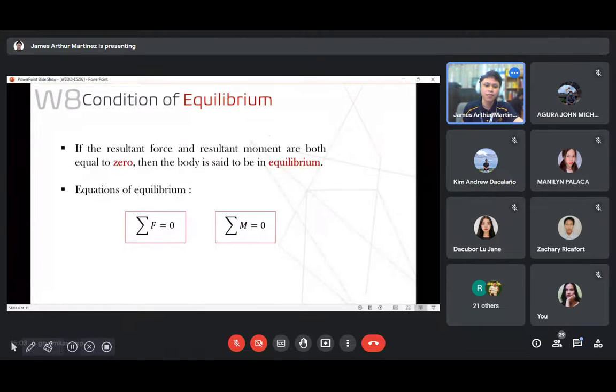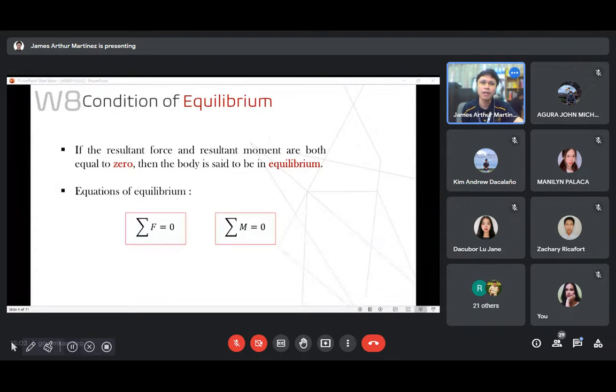Okay? So we can say that the state of your object is in static equilibrium if there is no resultant force acting on the system. Because the effect of that resultant force is that it will tend to translate, or will tend to move your object.